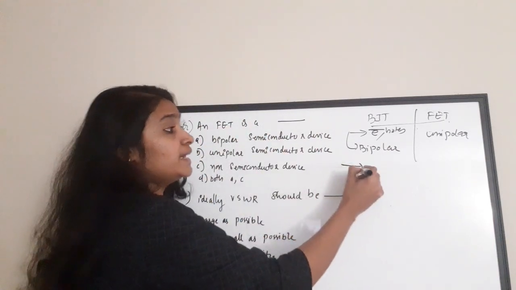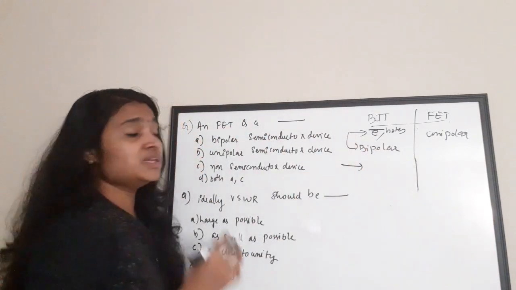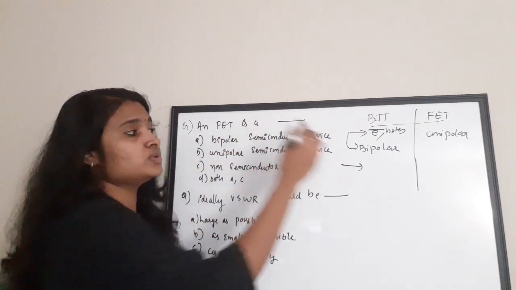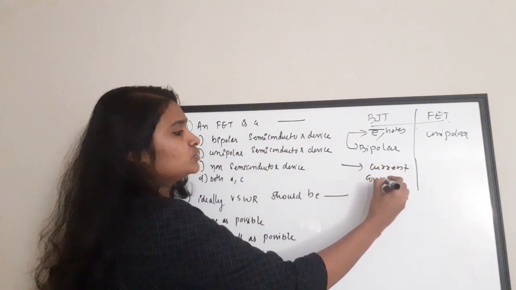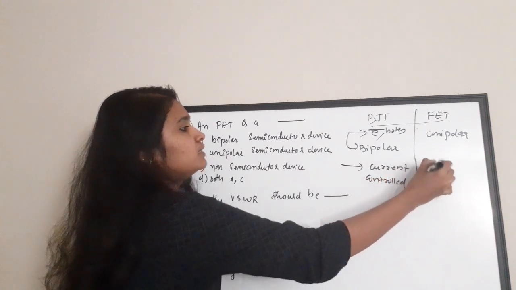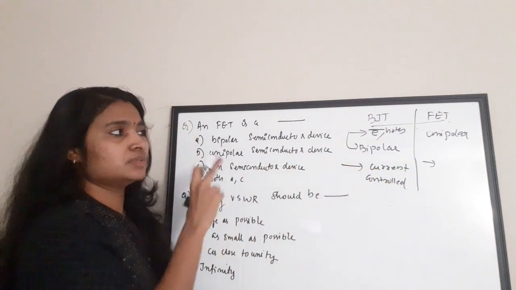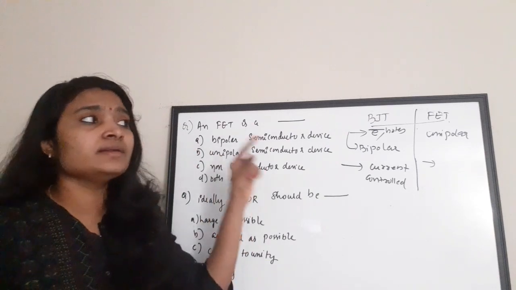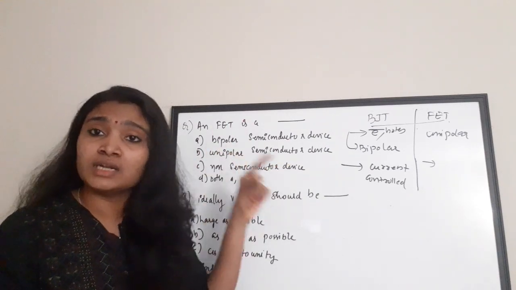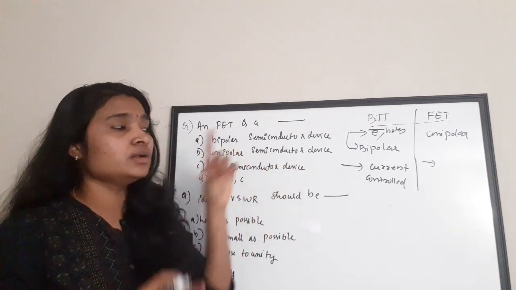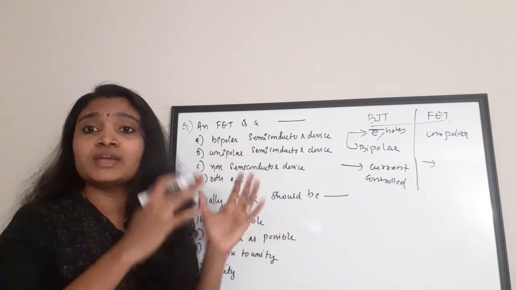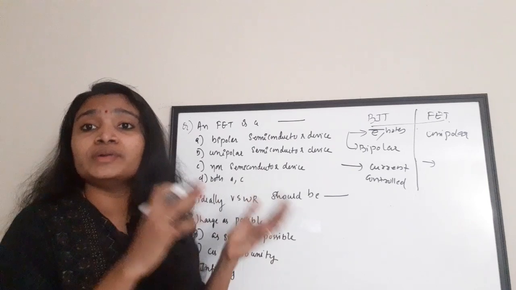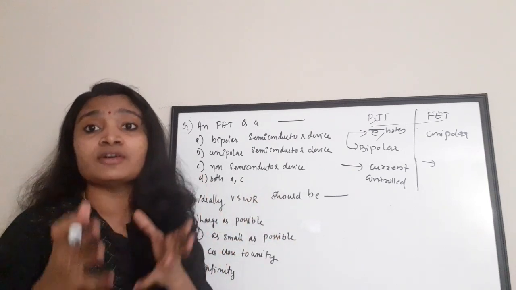Another major difference is that BJTs are current controlled devices. Whereas FETs, the name itself is field effect transistor. Field means voltage or potential difference. Field effect transistor means that due to the effect of this field or voltage, the transistor is being affected.